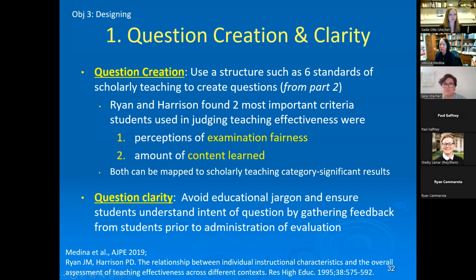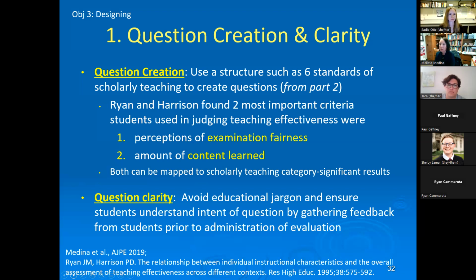I find it easier to look more at those 6 standards of scholarly teaching. That's how we've designed our course evaluations. And just really think about what's the intent of the questions that you're asking. There was a very interesting study done by Ryan and Harrison that found that the 2 most important criteria students used in judging teaching effectiveness were examination fairness and the amount of content learned.